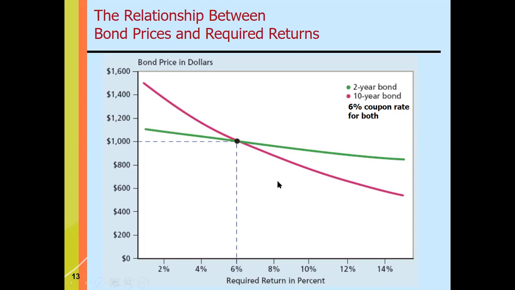So we can notice that with 6% coupon rate for both, so same nominal rates, but different required return in percent here on the x-axis, but overall the same, of course. So the difference is that we have different number of years. So for the 2-year bond, we can notice that with the given rates of the required return in percent for the discount rates, it would tend to go lower.